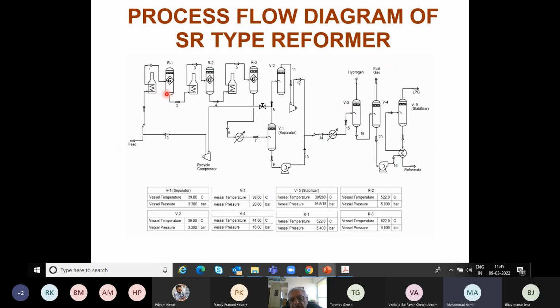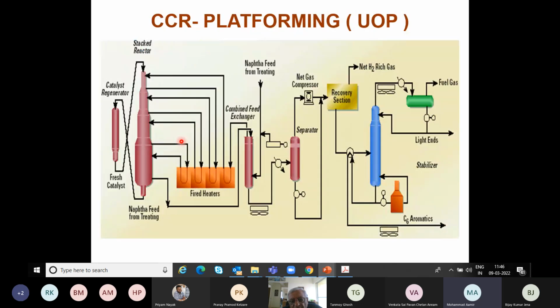That means the air that we put in is only about 2 to 3% oxygen level, not the 21% oxygen that we breathe. So we dilute that with nitrogen to reduce it down to 2%, and that 2% oxygen is then used to burn off the carbon in a very slow manner. Why a very gentle manner? Because we don't want the catalyst to sinter or the platinum to agglomerate on the catalyst. We'll talk about regeneration in a moment.